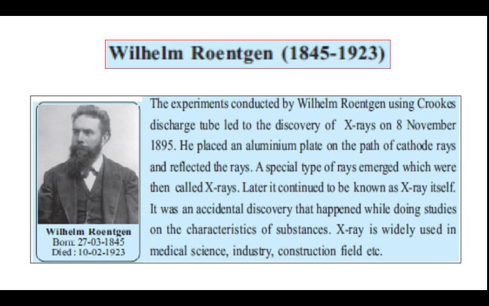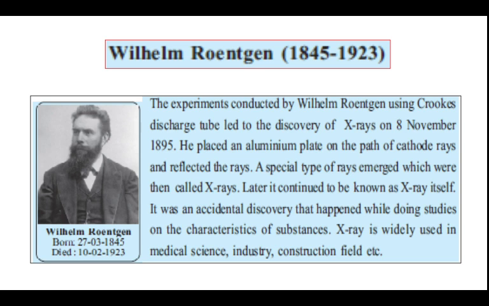Next is William Roentgen. The experiments conducted by William Roentgen using Crookes discharge tube led to the discovery of X-ray on 8 November 1895. He placed an aluminium plate on the path of cathode rays and reflected the rays.